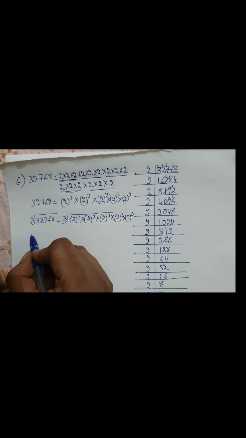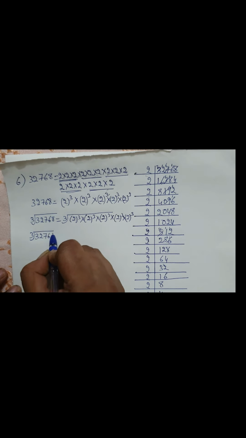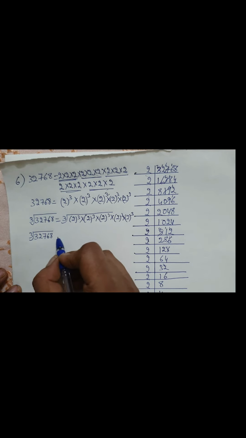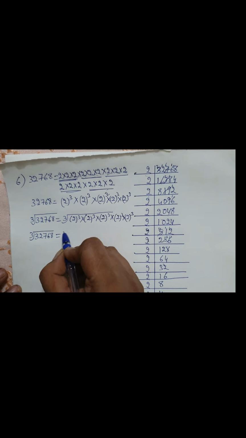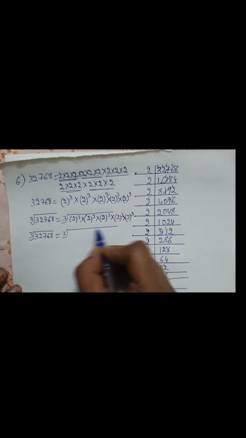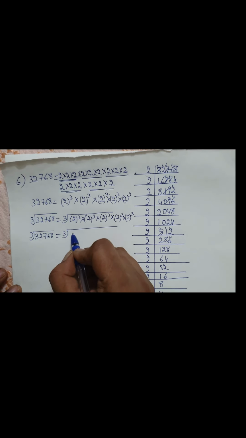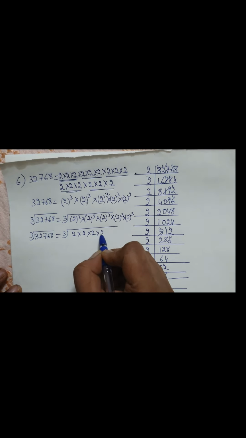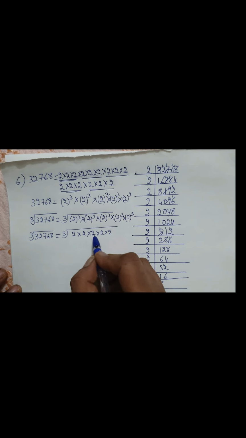Now again we will put this cube and this radical sign, 32,768. So cube root of 32,768 is equal to, again this cube and this radical sign, put all these numbers here, 2 multiply by 2, multiply by 2, multiply by 2, multiply by 2, 1, 2, 3, 4, 5.